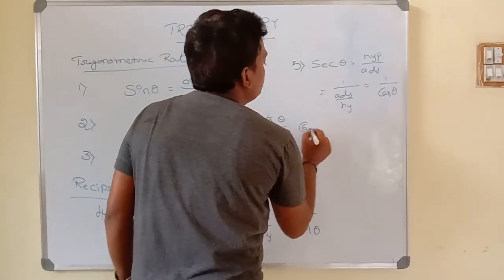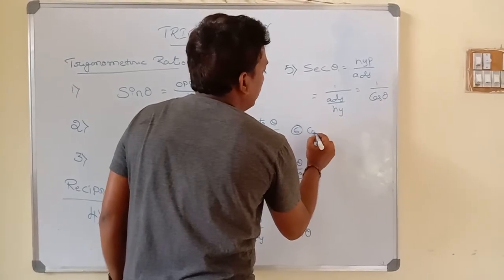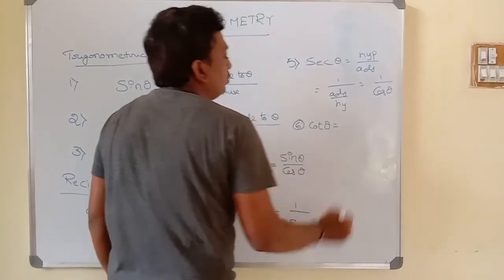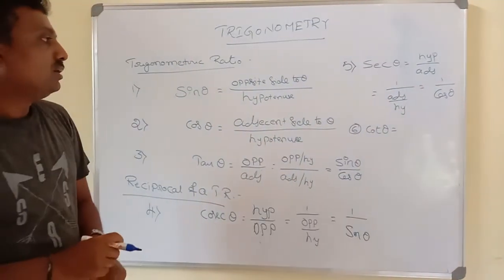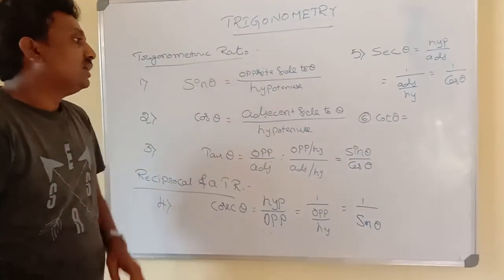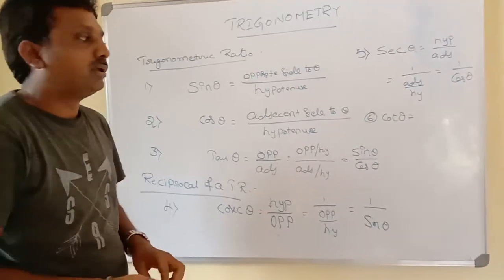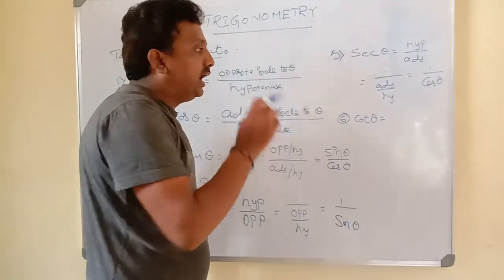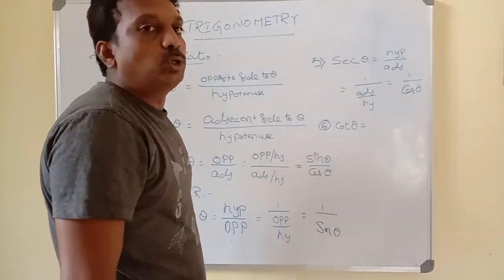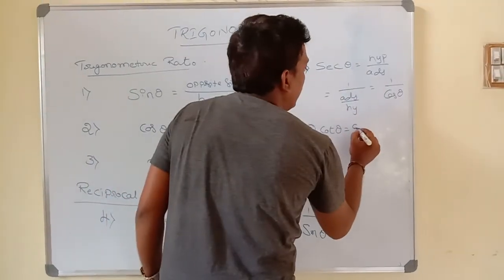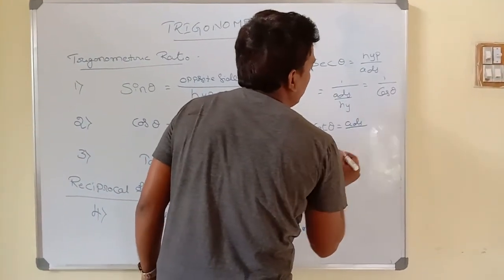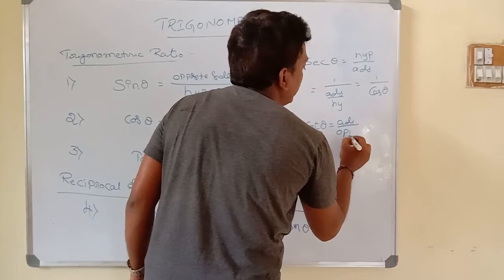The sixth one, cot theta. What is the definition of cot? The definition of cot is the ratio of the adjacent side to theta and the opposite side to theta: adjacent side to theta by opposite side to theta.